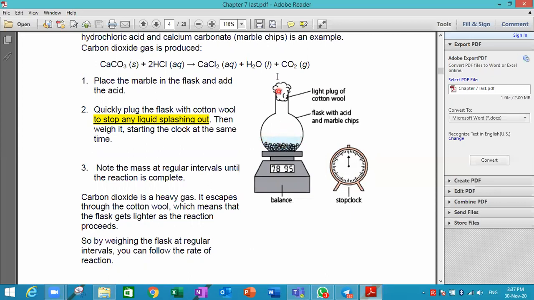So with time, more and more carbon dioxide escapes, and the mass of the container will decrease until all the calcium carbonate or the marble chips have reacted. Usually we put an excess of the acid, so all of it has reacted, and we will find that no more gas will escape and the mass of the container will remain the same.